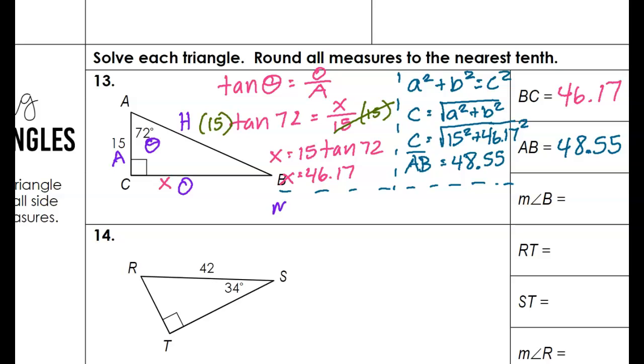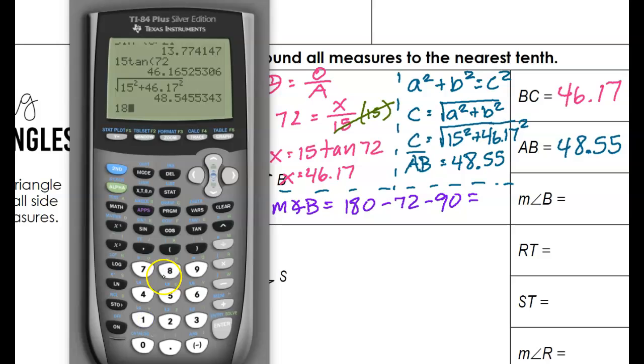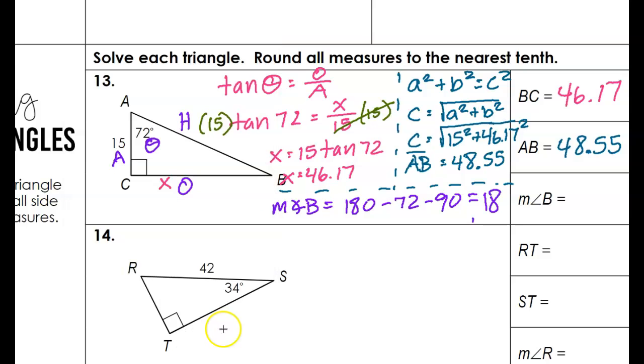To find the measure of angle B, you just do 180 minus the other two angles. 180 minus 90 minus 72, you get 18. So the measure of angle B is 18 degrees. And you're done.